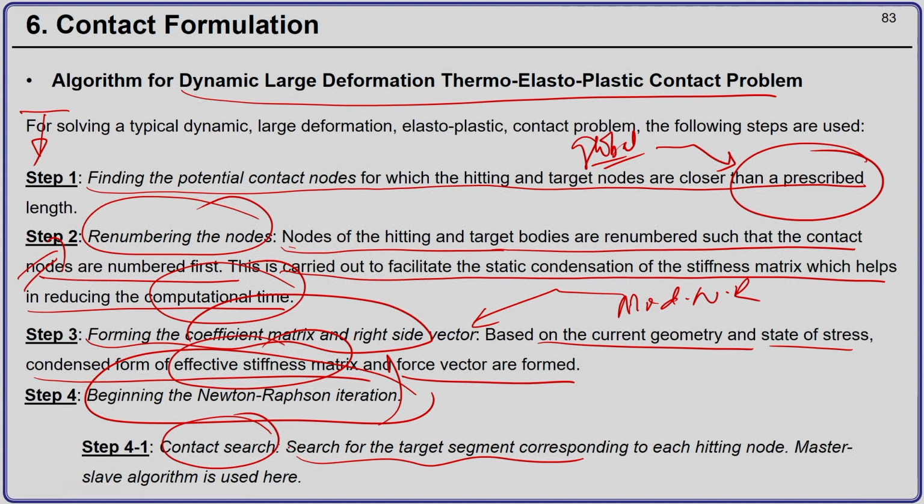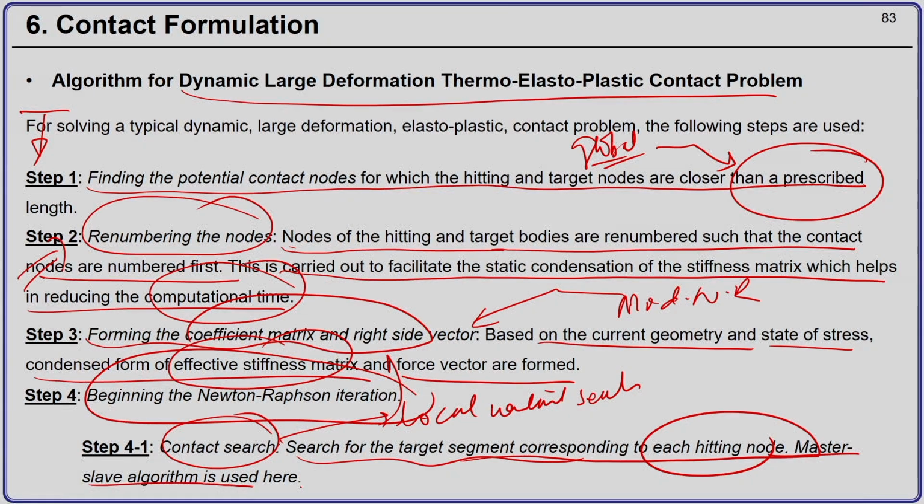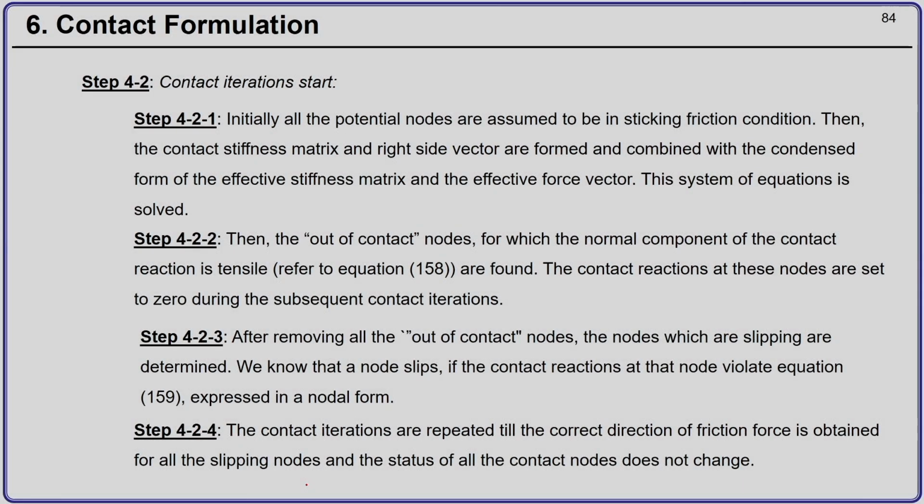So, now you do what is called the local contact search. Okay. You search for the target segment corresponding to each hitting node. Now, I am more interested in where my hitting node exactly comes in contact with the target segment, which target segment and which location. Okay. So, we can use what is called the master slave algorithm. Okay.